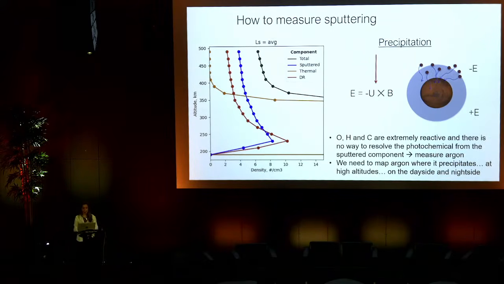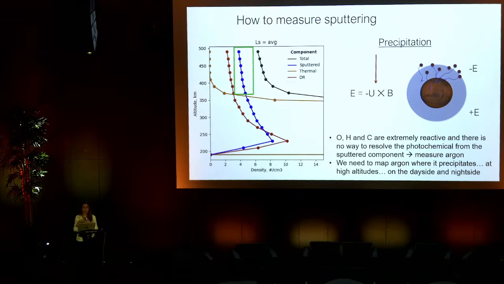The second thing, if you look at this plot on the left, these are all the components of argon, as a function of density versus altitude. The thing to note here is that sputtering is only dominant, where the black line is the total and the blue line is the sputtered component, over 350 kilometers.